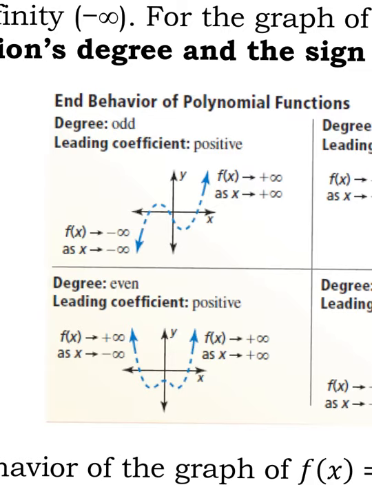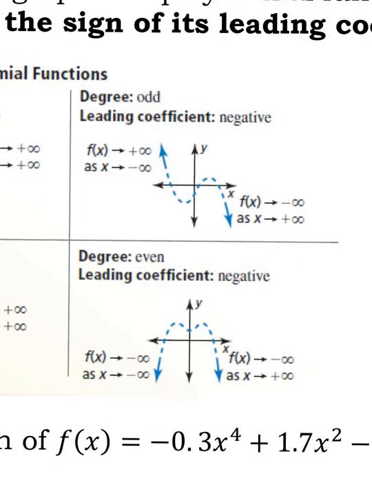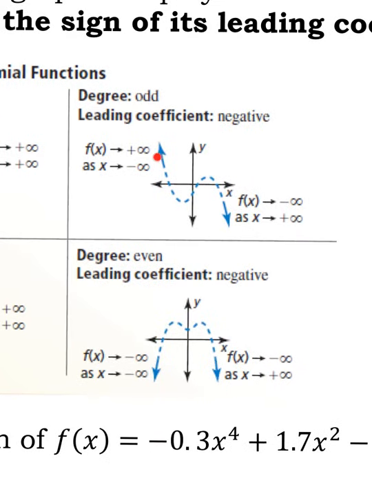So odd functions that are positive will go up from left to right. Even functions that are positive will go up from left to right as well, but they're both going up. And then negative leading coefficients will go down from left to right if it's odd, and if it's even, they'll both be going down.